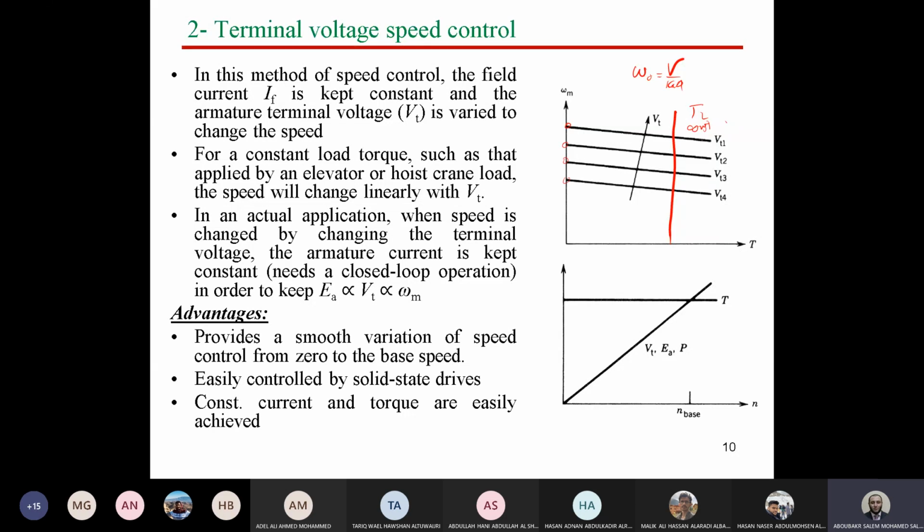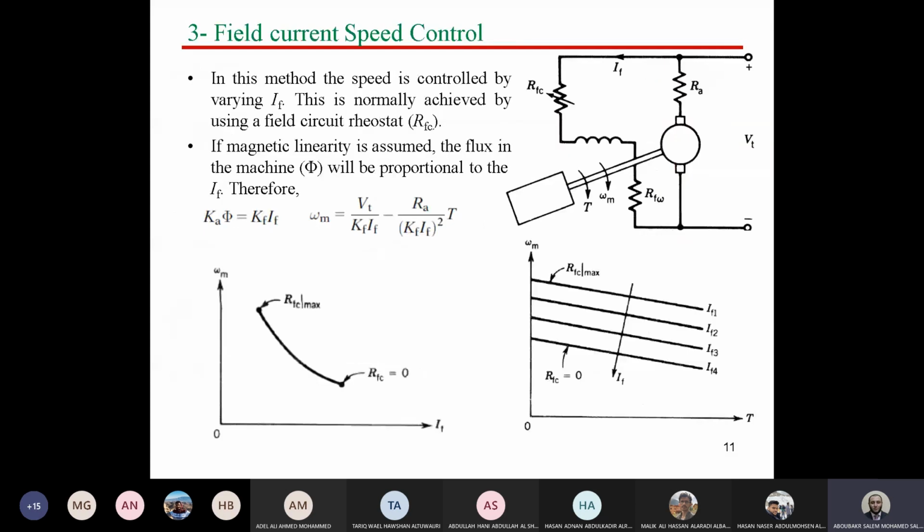However, we can make closed loop control in AC motors in order to keep current and torque in linear relation, like direct torque control. Fine, so these are the advantages of applying terminal voltage control for DC motors. Another well-known technique is the field current speed control.